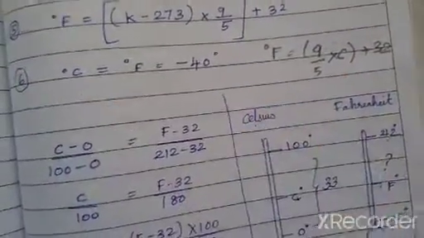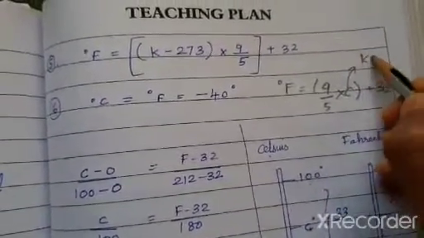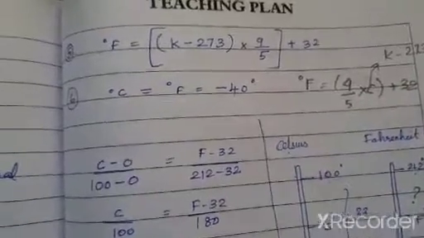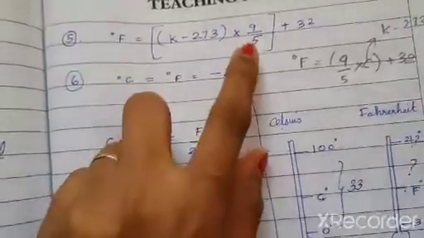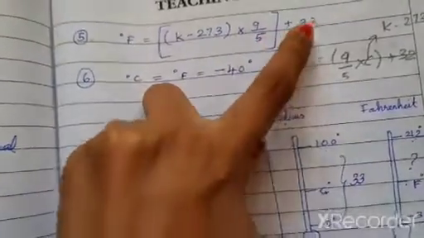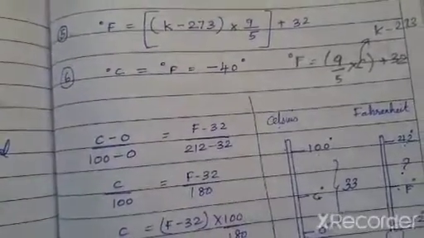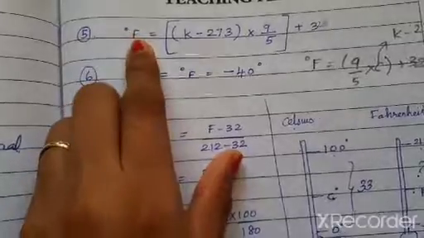Instead of C, I will substitute C is equal to K minus 273. That formula I will substitute and rearrange it as K minus 273 into 9 by 5 plus 32. Did you understand how I got the formula for converting a temperature in Kelvin to Fahrenheit?